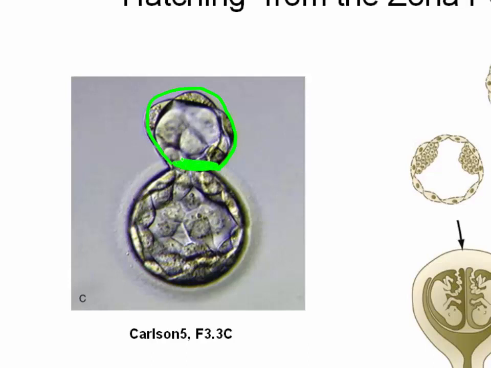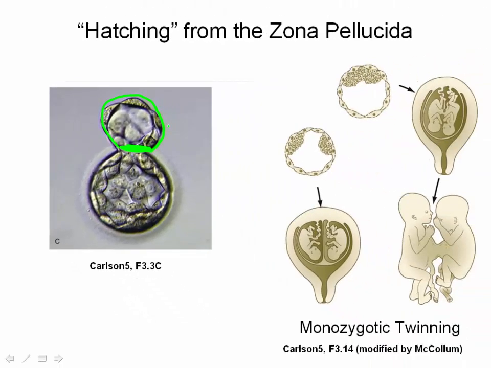If, during the process of hatching, the blastocyst becomes squeezed in such a way that the embryo splits, the embryoblast splits, then monozygotic twins will result. And monozygotic simply means that two babies were produced from a single zygote.